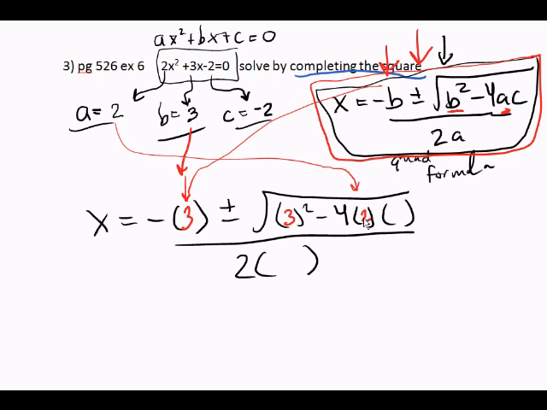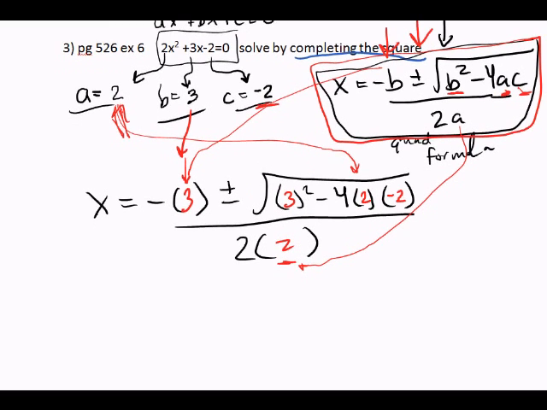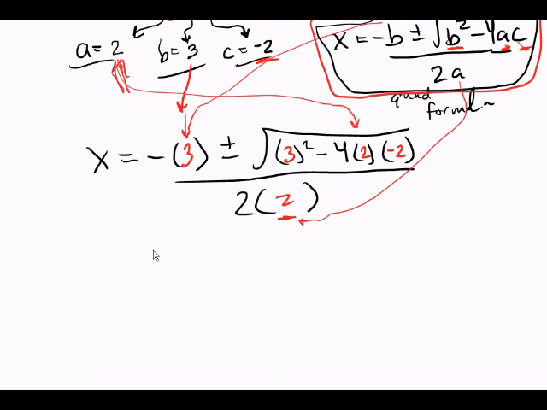The a is the number next to 4. A is 2, so I put a 2 into here. C is the number next to the a. C is a negative 2, so I put a negative 2 in here. And down here, this is a. And remember, a up here is 2. So you just plug the correct numbers into the correct spots. And then you do the math and you're done.